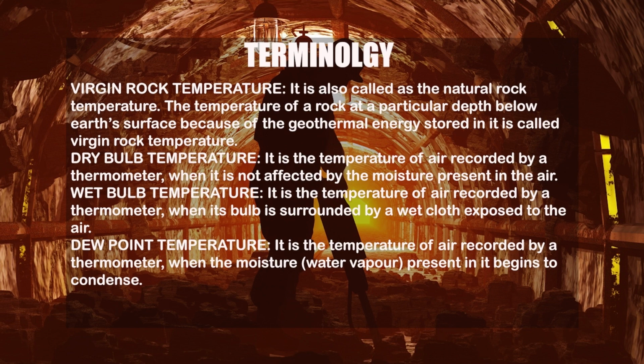Now come to dew point temperature. It is the temperature of air recorded by a thermometer when the moisture present in it begins to condense. This means the surrounding temperature of air is brought below the wet bulb temperature, that is, the temperature of saturated air becomes low, then moisture is given off from the atmosphere; that temperature is dew point temperature.